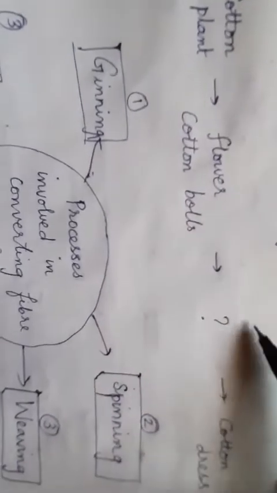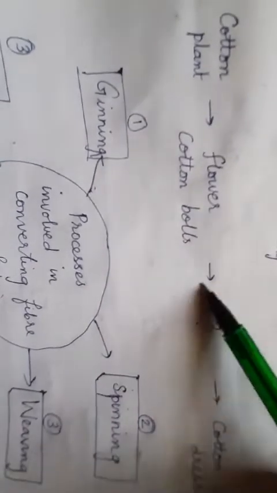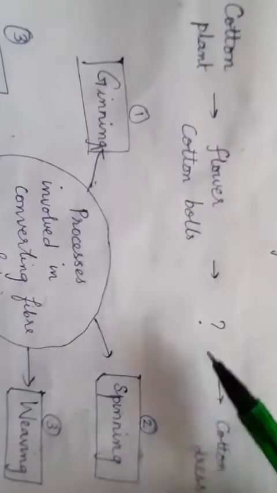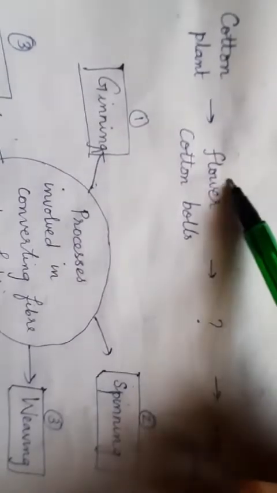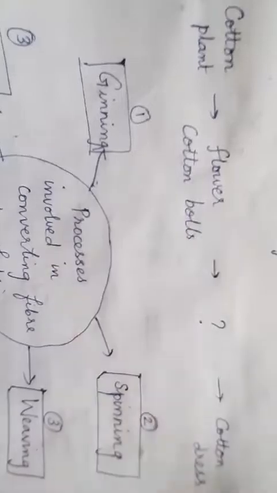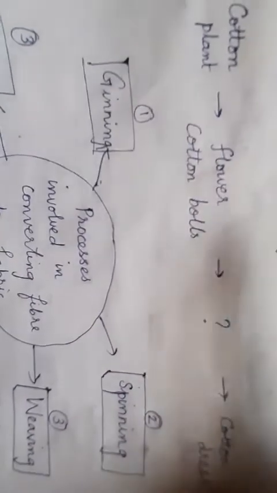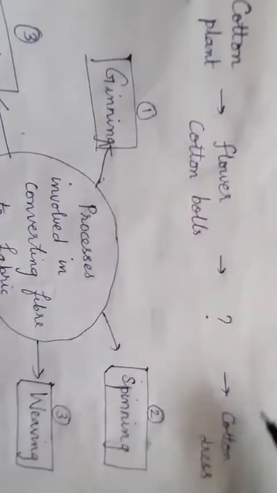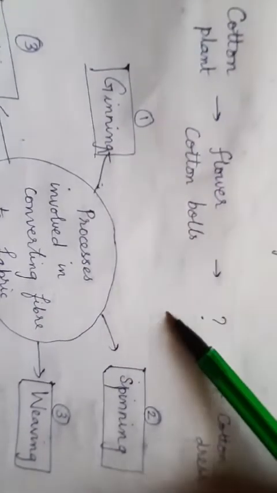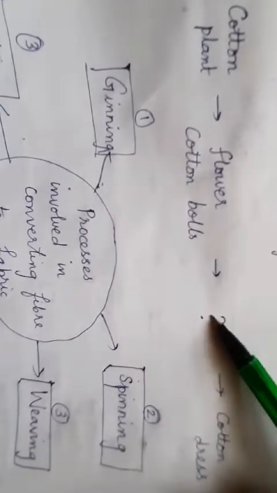Now, in between, what processes are actually happening to get the cotton dress? Yes, that is what we are going to see today. I know how I am getting the cotton fiber, and I know I am seeing the cotton dress. But from the fiber to the dress, what is happening in between?